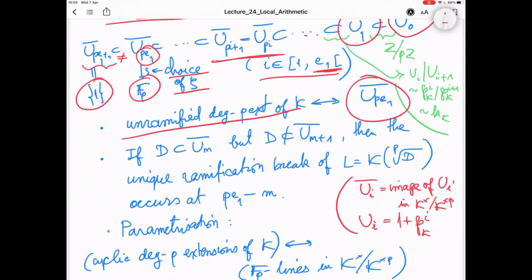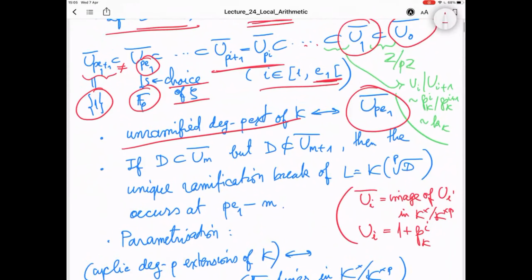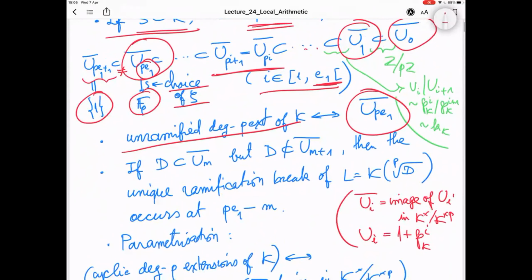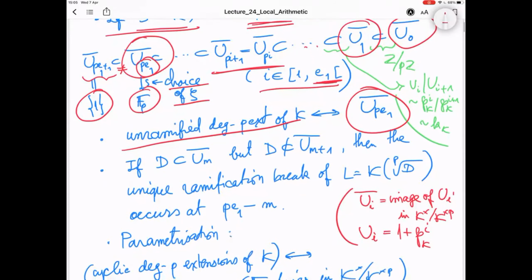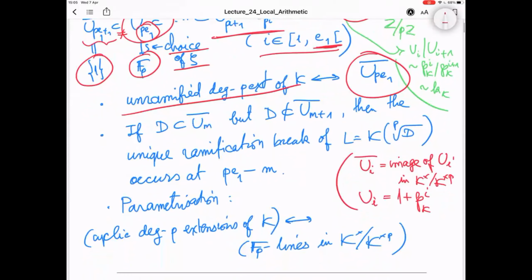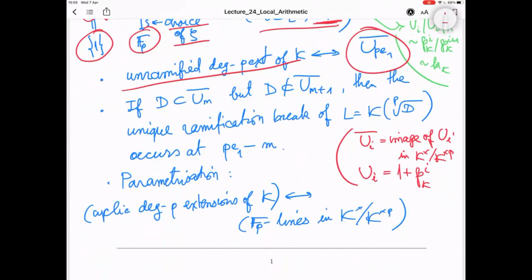And the answer is that it corresponds to this line, U_{pe1} bar. So in some sense, it's the deepest line in the filtration. It's the one which is the lowest or highest, I think it should be called the highest maybe. Anyway, it's the deepest line in the filtration.